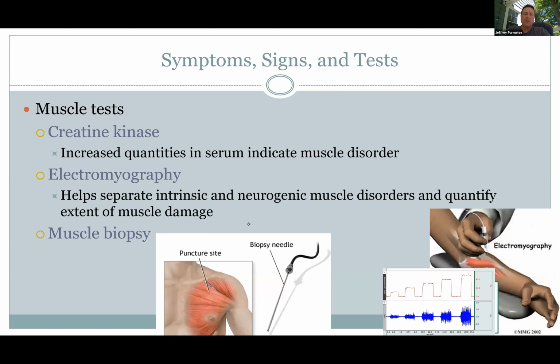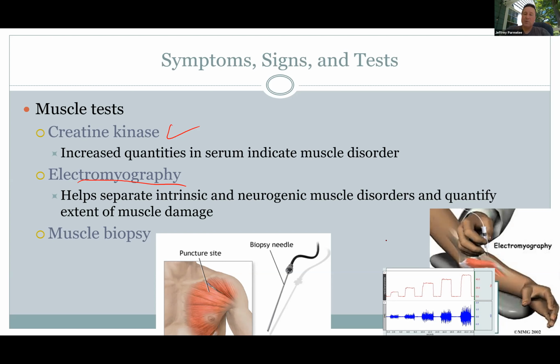So what kind of tests can you do? You can take a look at a blood workup and check the creatine kinase. There are many reasons you could have it elevated, but it's found in high levels when muscle breaks down. So with high levels of creatine kinase, you think, their muscles are not happy. Electromyography, as you may know from your A&P class: you put a needle in the muscle and see the activity of the muscle on a computer screen.